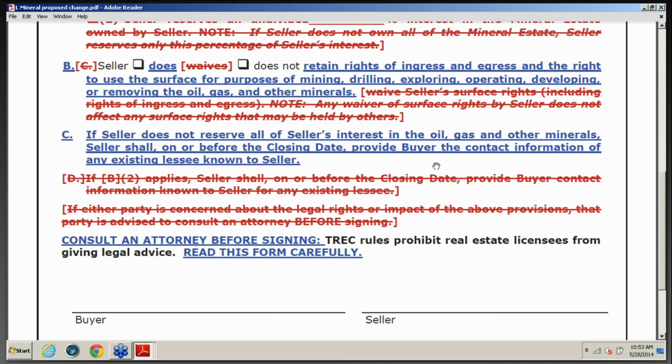Another question I have, is it common to waive the right to surface use? Is that because buyers want to prevent adverse use during drilling? Yes, that is correct. It's interesting because what I see with this particular mineral rights agreement is, as you know, most of us live near the Barnett Shale.